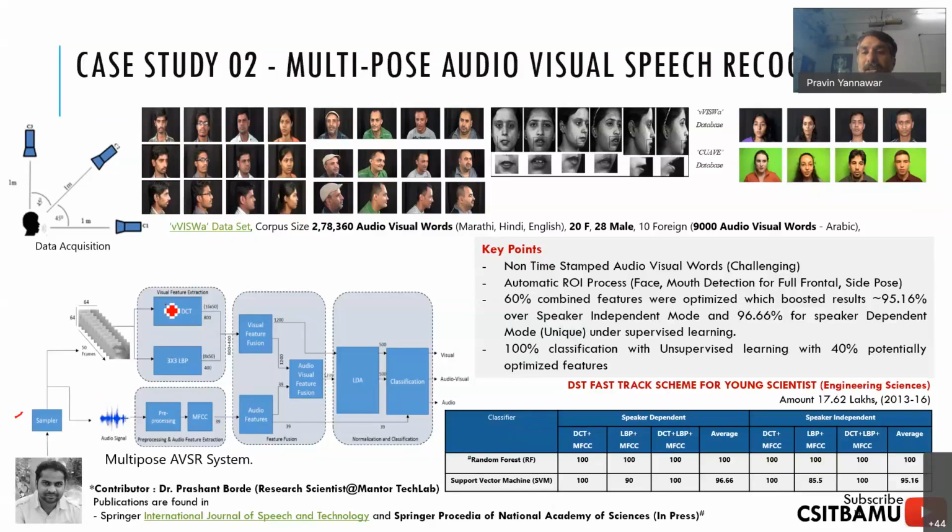Then with the audio features and video features, we go for a feature fusion mechanism. For example, how many features are we getting? 39 audio features and about 1200 visual features. So 1200 visual features and 39 audio features we combine together, that is 1239 features, and the modalities are tested differently.